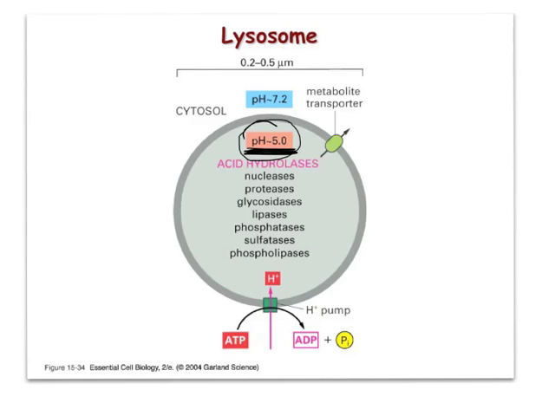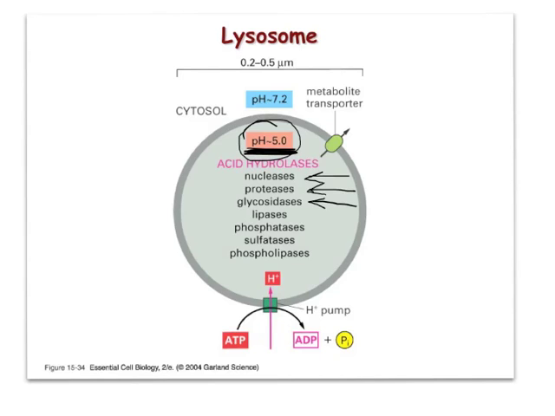For instance, there are enzymes that can degrade nucleic acids, and those are nucleases. There are enzymes that can degrade any type of protein, proteases. There are enzymes that can degrade any sugar, those are glycosidases.